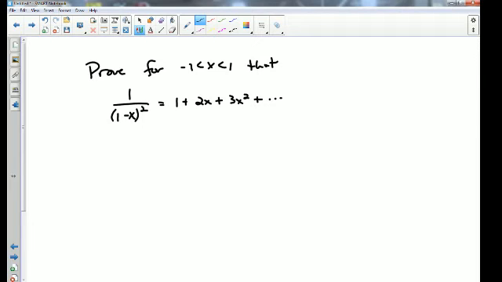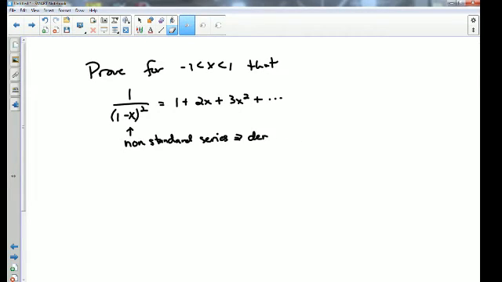So if you see a non-standard series like this, your alarm bells should go up and you should think, I have to do a derivative or an integral.